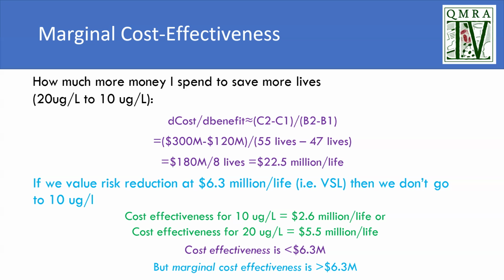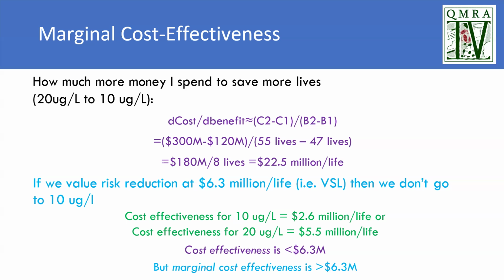When we just look at those cost effectiveness ratios for both 10 micrograms and 20 micrograms per liter, either of those options would be justified because they're both under $6.3 million per life.